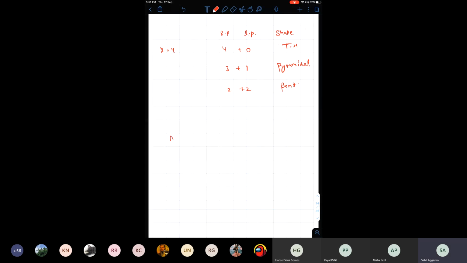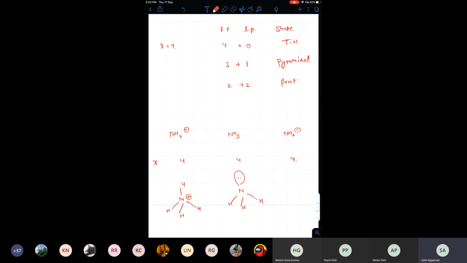For example, NH4 plus, NH3, NH2 minus. X will be 4, 4 and 4, but neighboring elements are different. This is tetrahedral. This is pyramidal.